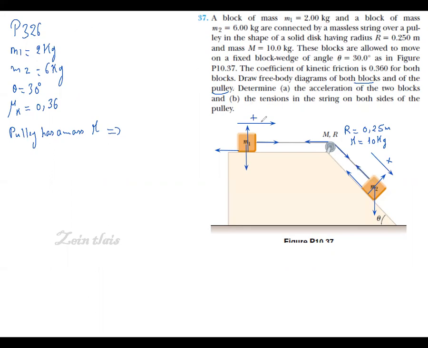In the last chapters, the pulley was massless, so we had the same tension. But if the pulley has a mass m, here we have T1 and here we have T2.